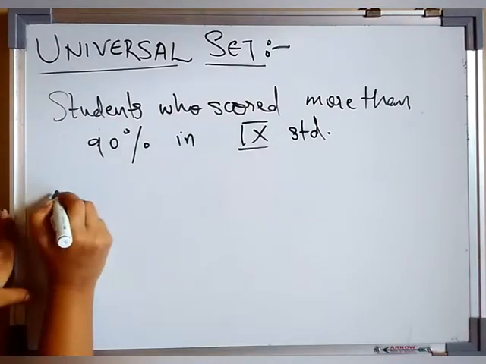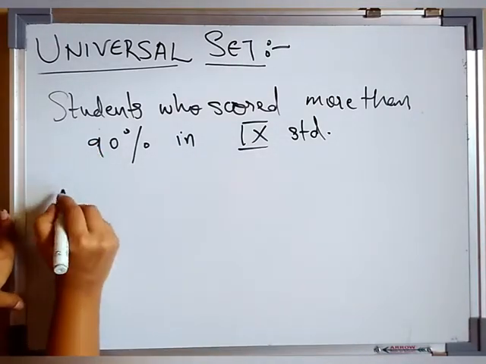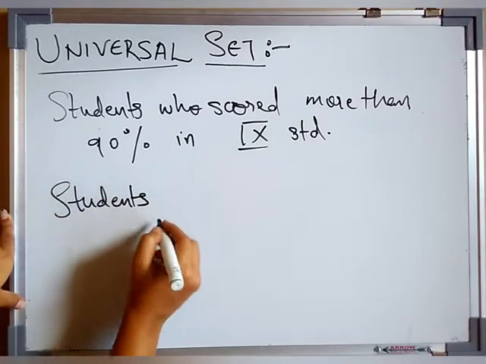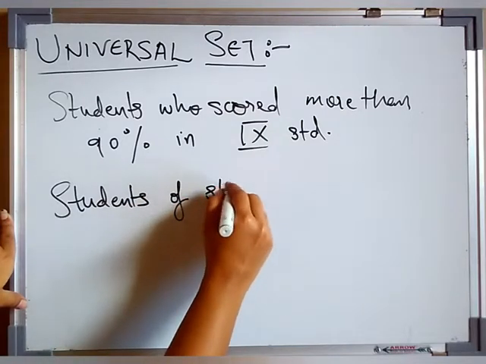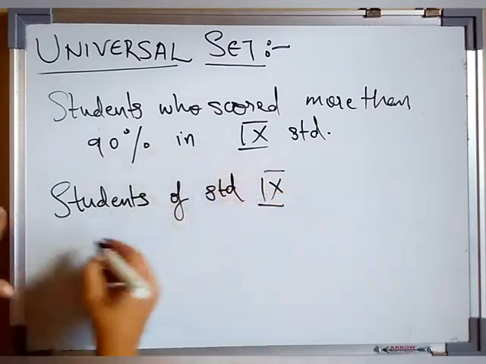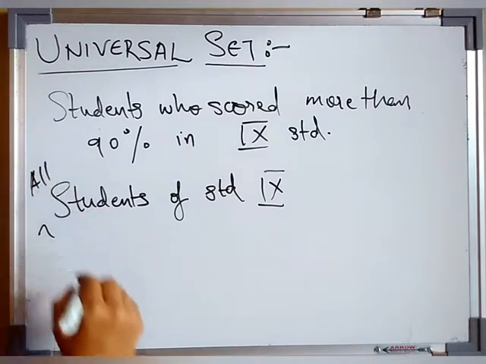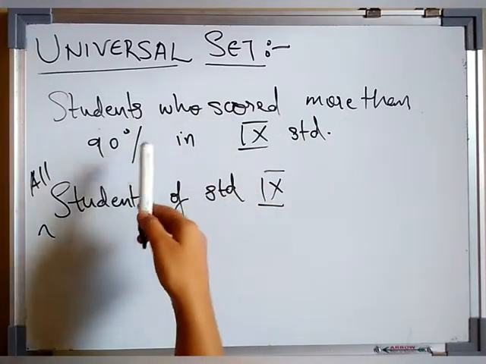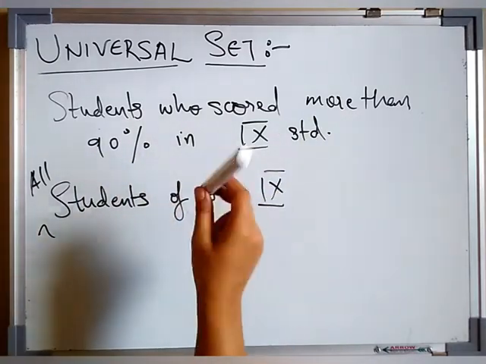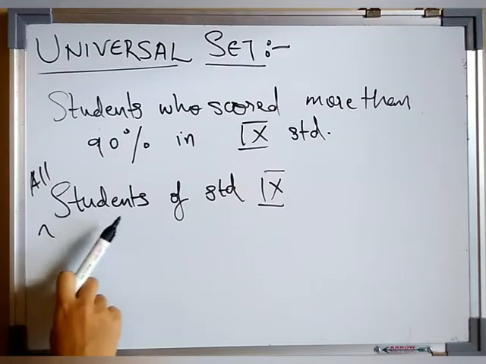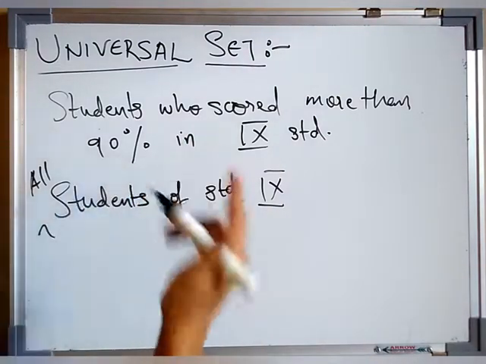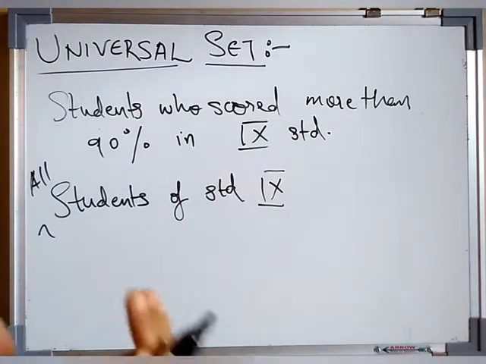So here my universal set will be students of standard 9th. That means all students of standard 9th. Okay, I want to know students who scored more than 90% in standard 9 of some particular school. Then all students of standard 9th of that school will be my universal set, and the students who scored more than 90 will be a subset of that universal set.